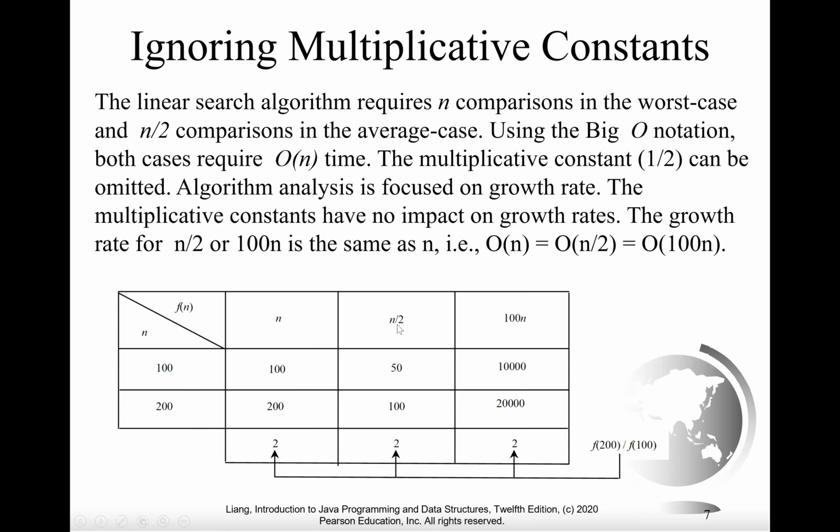So the multiplicative constant has no impact on the growth rate. And that's why order of n is the same as order of n times a constant. So the constant can be ignored to simplify the notation.